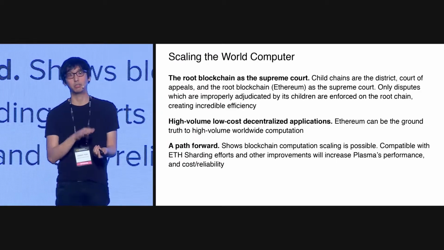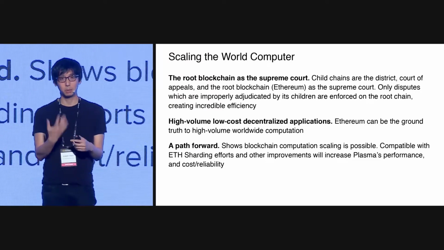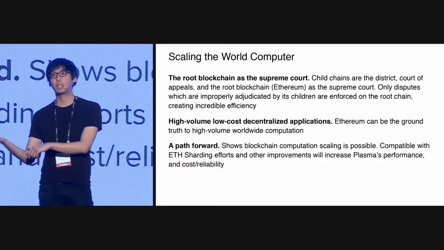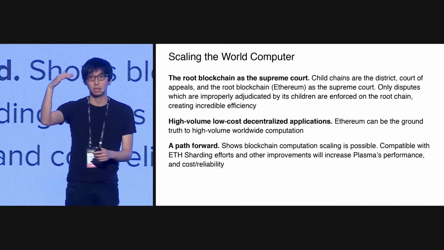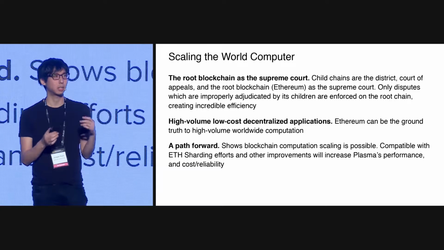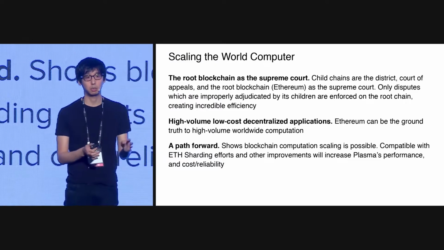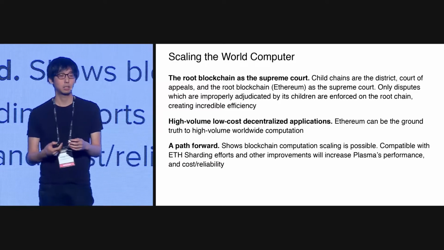Like I said, sharding is a very interesting research area. Plasma is compatible with that, and state channels can run on top of that, so you can build a stack, which is the interesting aspect. If you're more curious about this, I think Vitalik talked about this recently, and we'll talk about sharding and stuff like that.